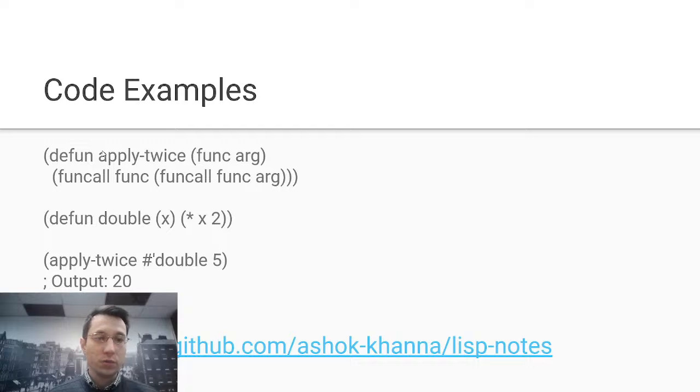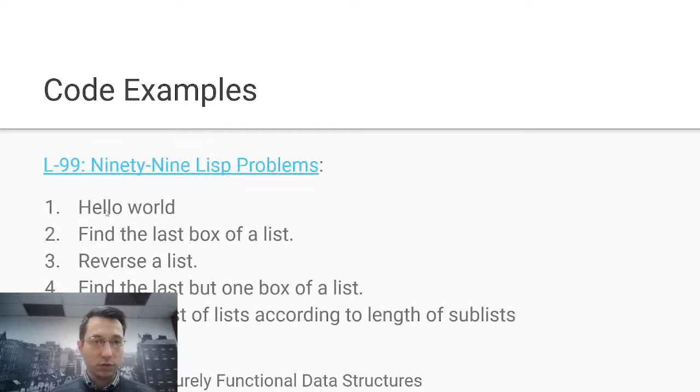As you can see, we can implement this kind of function, which gets the argument as some function arg, and we do some function call here. So here we do some function call for apply twice, and it will do execution of this function double 2 times. Let's check this.